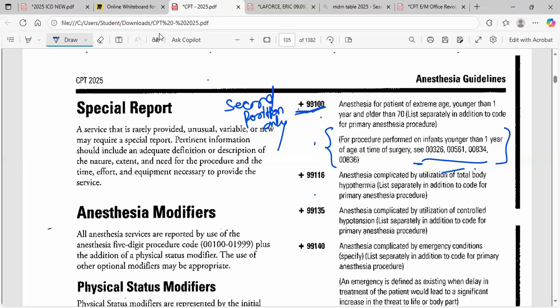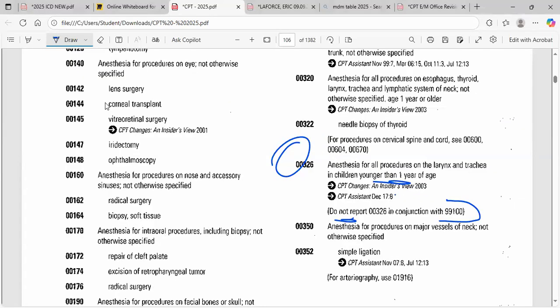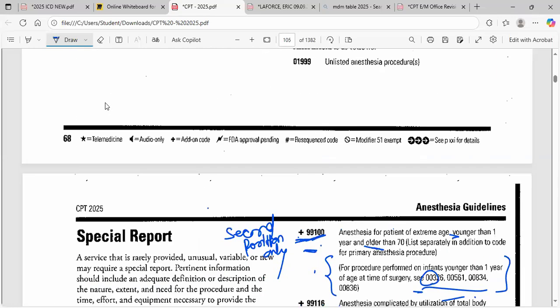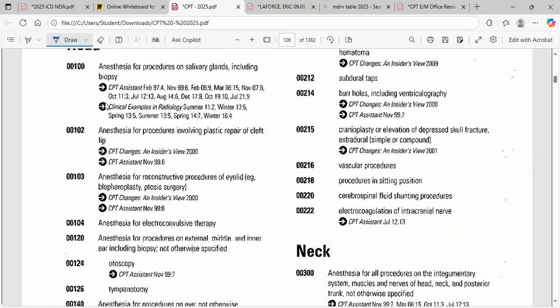So our first code is 99100. We have to use 99100 when anesthesia has been given to a patient at an extreme age. You just need to remember, if the code descriptor already includes the age of the patient, then there is no need to represent the age separately with code 99100. Let's take another example. Let's see 00561.